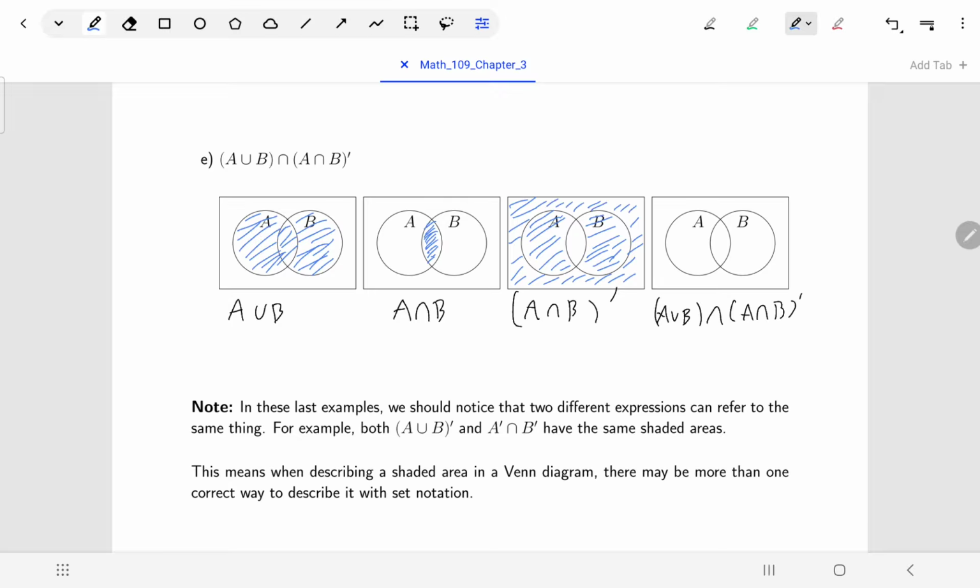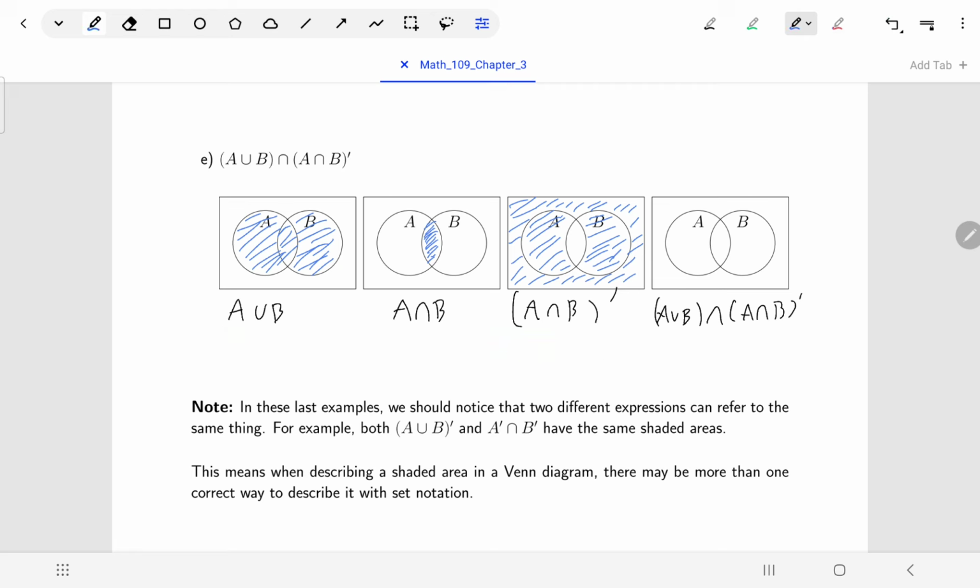Okay, so last part that we're looking at, I'm looking at A union B intersected with A intersect B complement. So it's an intersection. We need to know, what do these two things have in common? What does the Venn diagram for A union B and A intersect B complement, what's shaded in common for both?